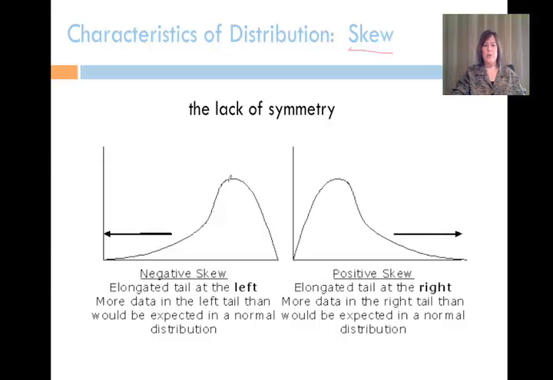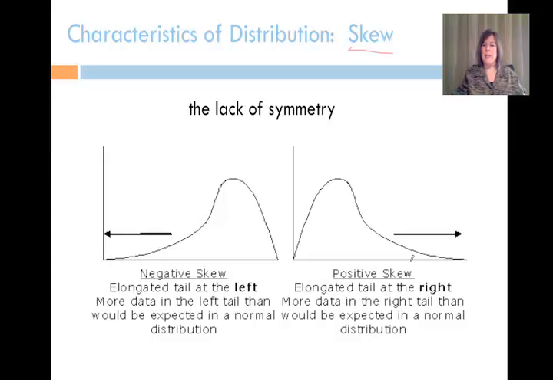A distribution that looks like this is negatively skewed. There are more values that would happen in this than you would ordinarily think or compare to the normal distribution. So this is negatively skewed as the tail is elongated to the left towards the negative side.